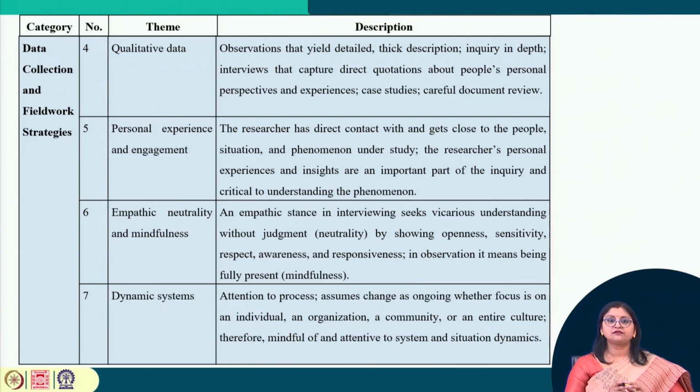It means being fully present, or mindfulness, in the field. The last one is dynamic systems. This is attention to process, assuming change is ongoing, whether the focus is on an individual, organization, community or entire culture, therefore being mindful of system and situation dynamics.